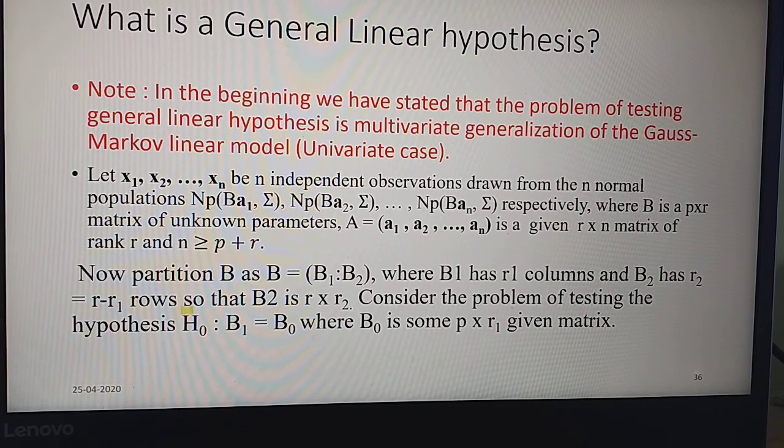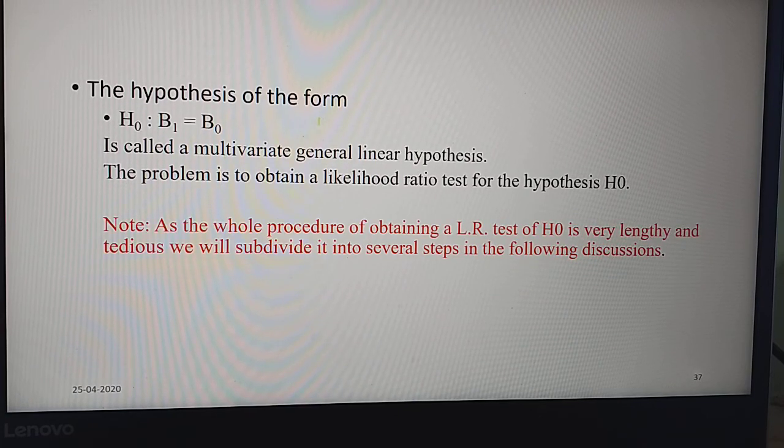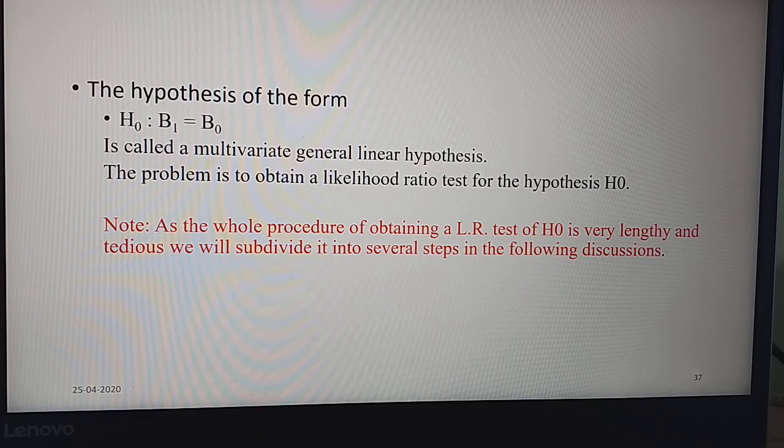See this H naught here. The hypothesis of the form H naught: B1 equals B naught is called a multivariate general linear hypothesis.